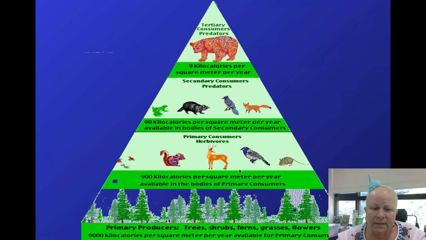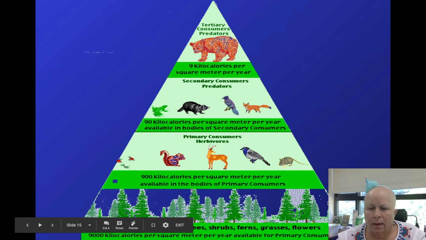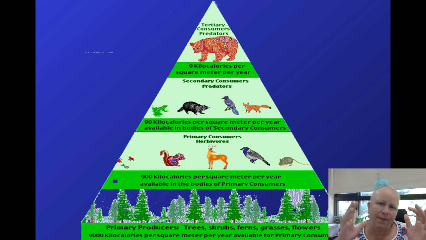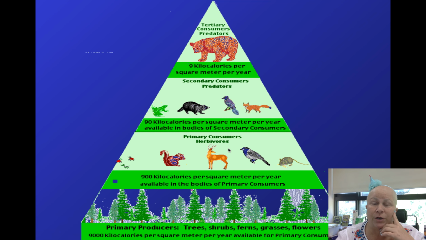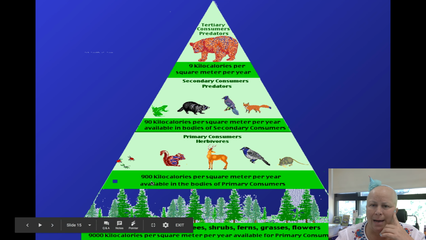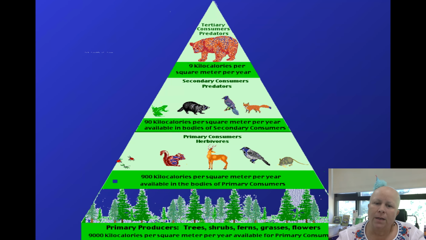So if we look at this example, the producers down here at the bottom, trees and flowers and grasses, let's say that they start out with 9,000 kilocalories per square meter per year, okay? So don't worry about all the terms. Just look at the 9,000 kilocalories. So when those producers are eaten by the primary consumers, the herbivores, only 900 kilocalories per square meter per year gets passed on to them.